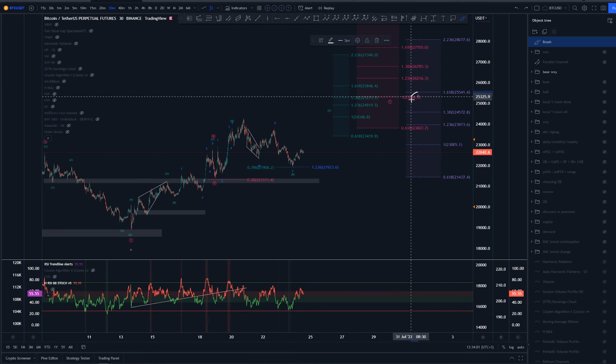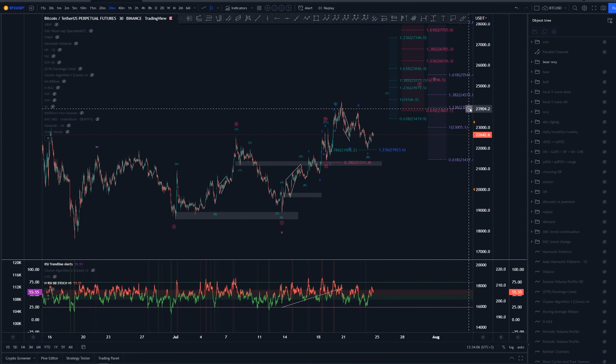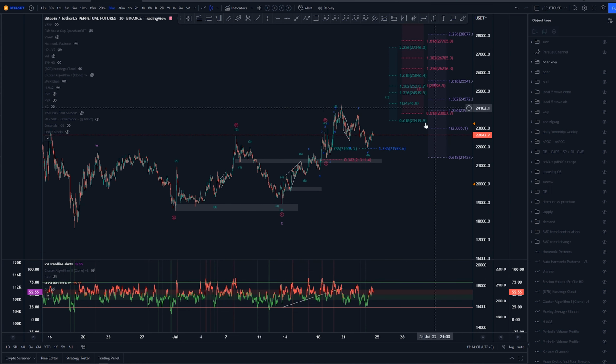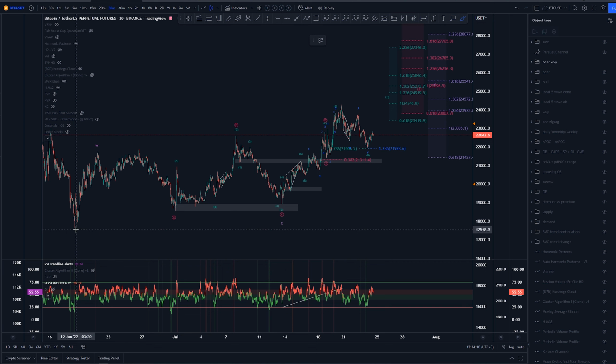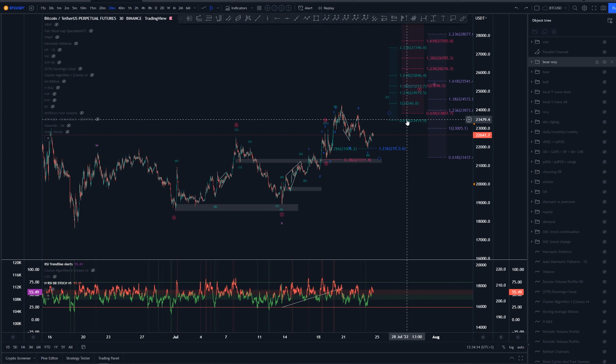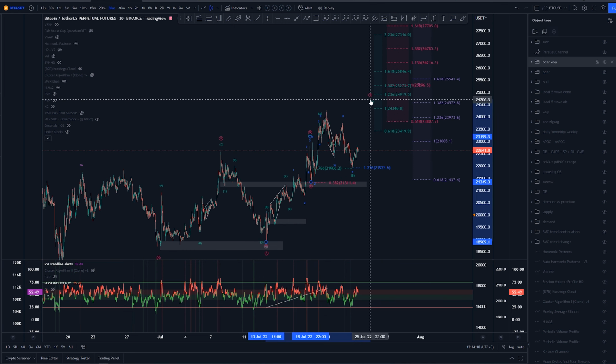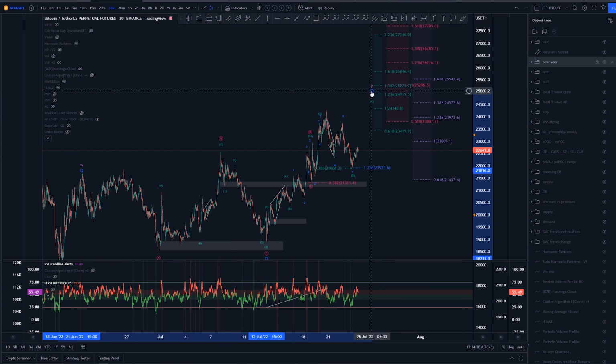And overall for the wave Y, we would be looking for around these areas here, around the 1.382, which would again be something like this. So the last leg for this possible Y, according to this count, we would be having something like this.